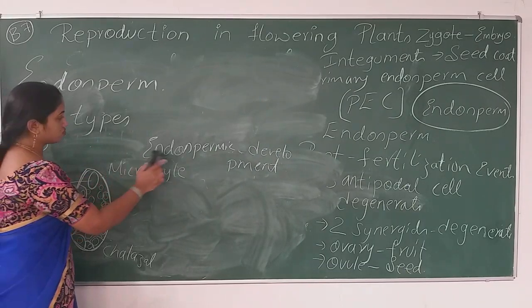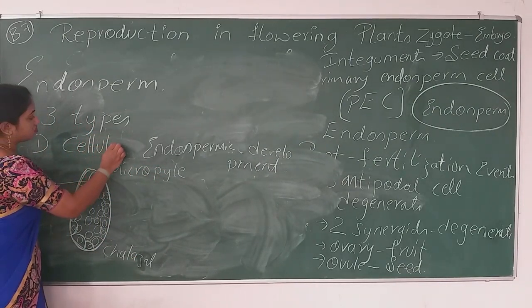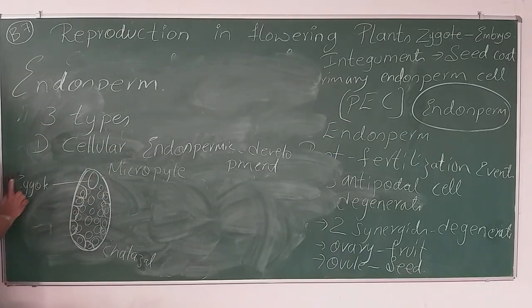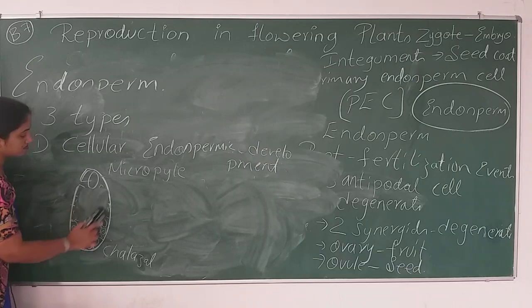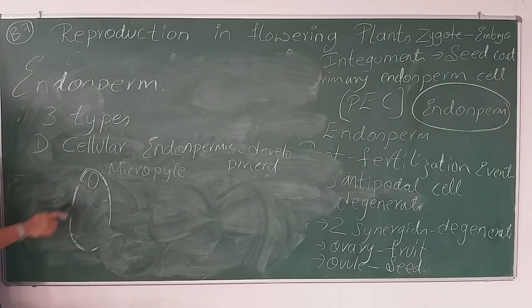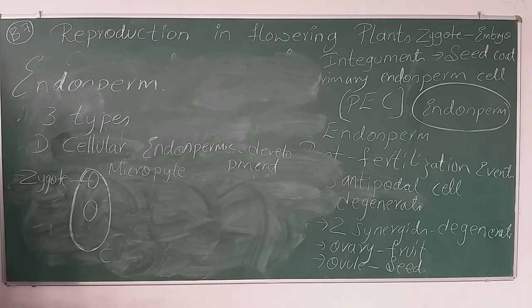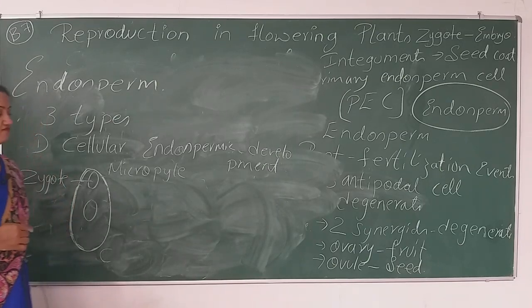If we move on to the cellular endospermic development, let the diagram remain the same, only in the PEN changes occur. Everything remains the same, the micropylar end, the chalazal end. This is the zygote and the PEN. In the earlier stage, the mitotic division took place in the nucleus, resulting in multiple free nuclei.